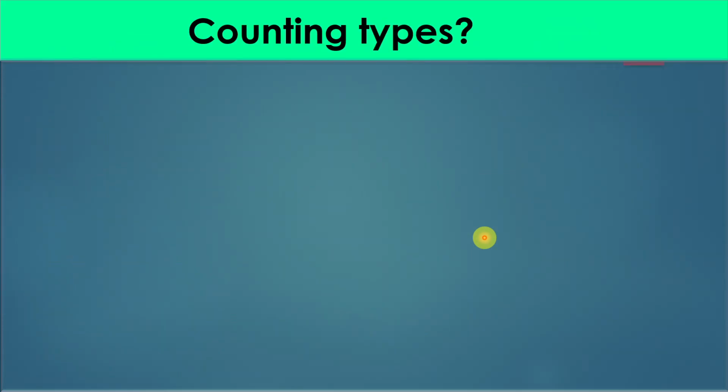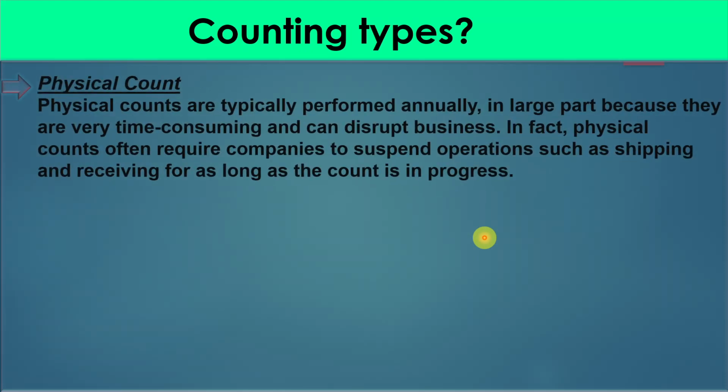Then we will see the next topic, counting types. What counting types exist in physical inventory? The first counting type is physical count. Physical counts are typically performed annually in large part because they are very time consuming.